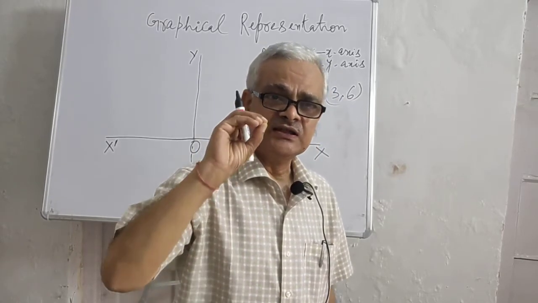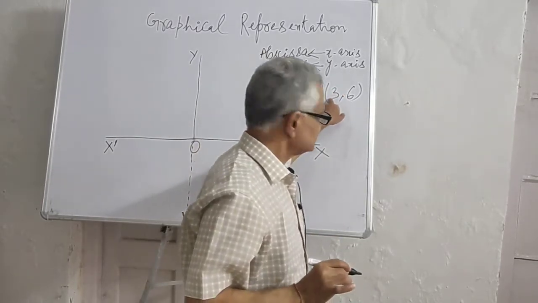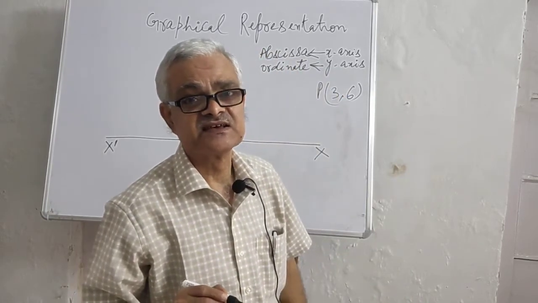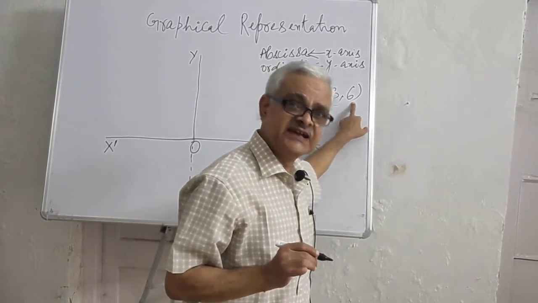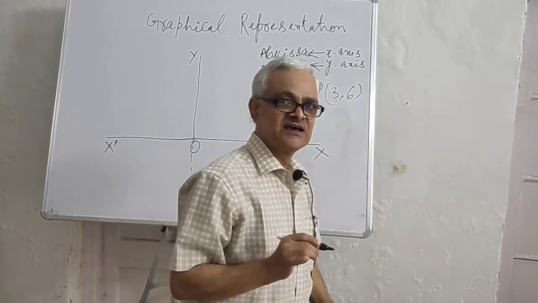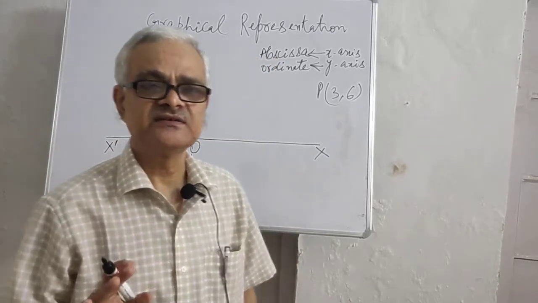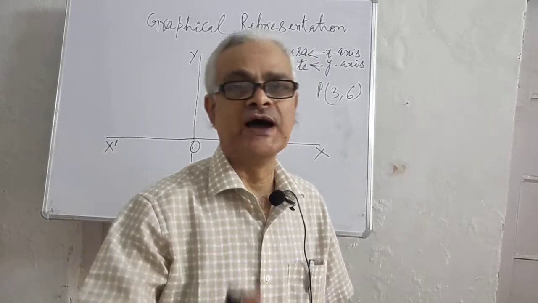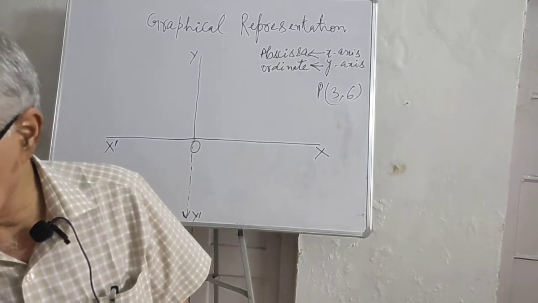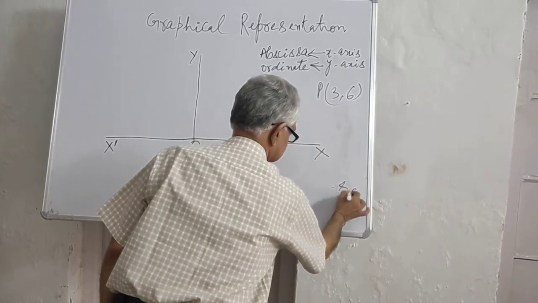If we locate a point that is 3 6, it means the first letter is representing the x-axis, whereas the second letter is representing the y-axis. So we will, with negative and positive side, try to locate few points having negative and positive side. So let us take a point on coordinate system, that is 4 5.